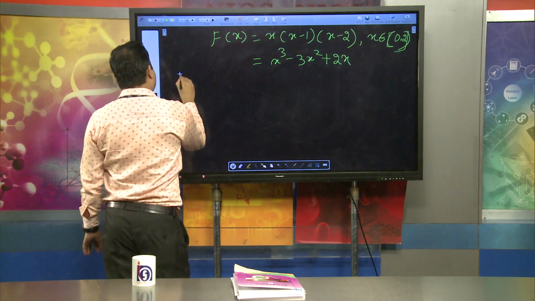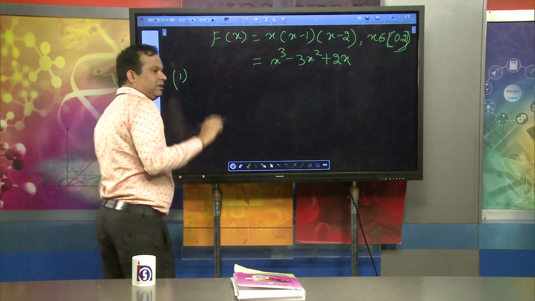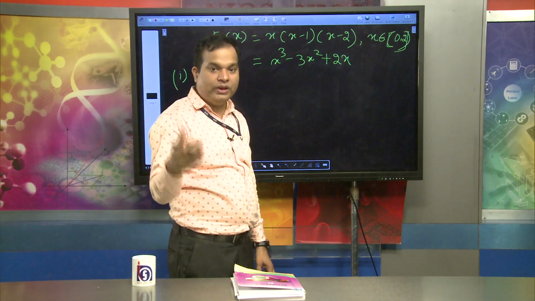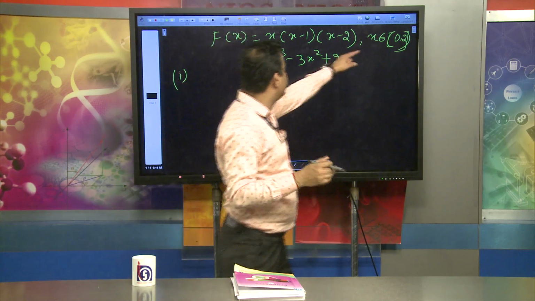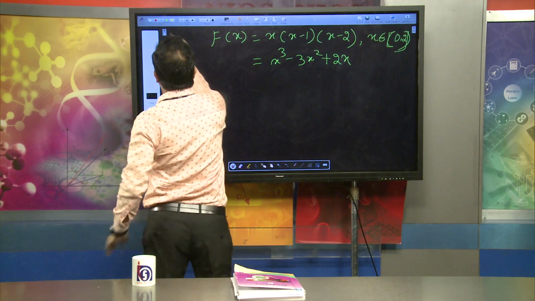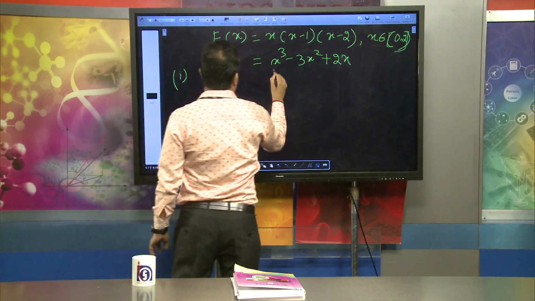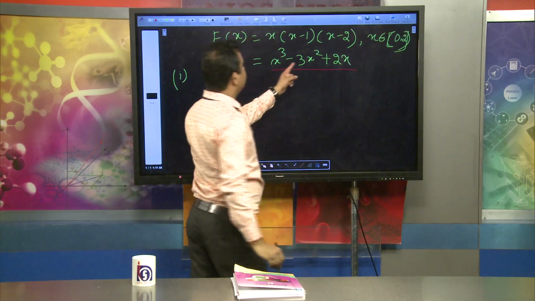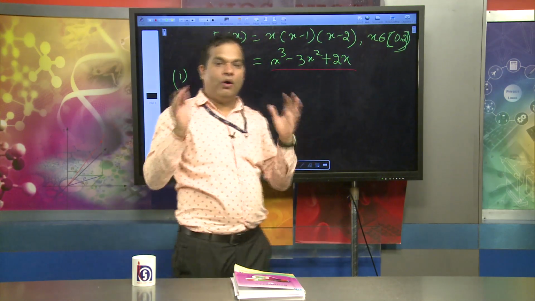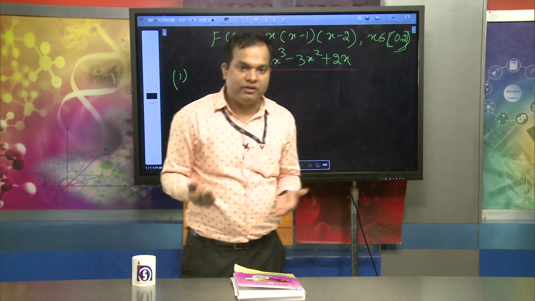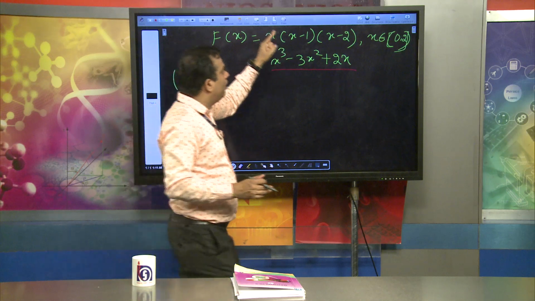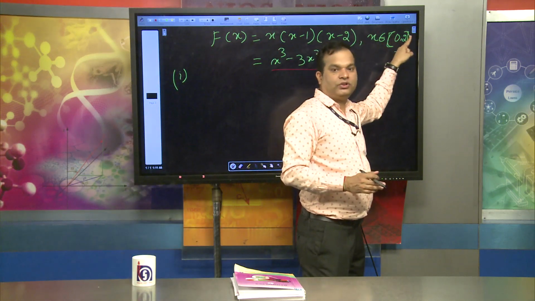You know that the first condition is that the function should be continuous within the closed interval [0, 2]. I am talking about continuity, and you already know this function x cube minus 3x square plus 2x is a polynomial function, and all polynomial functions are continuous. Hence the function f(x) is continuous within the closed interval [0, 2].